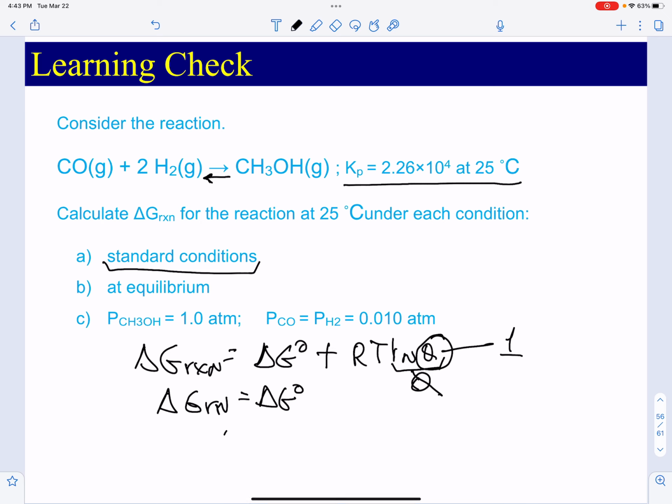And we know that delta G standard equals minus RT ln K. So for standard conditions, you can just go to the appendix and find the delta G standard. That's what that's saying. So we know how to do the first one.